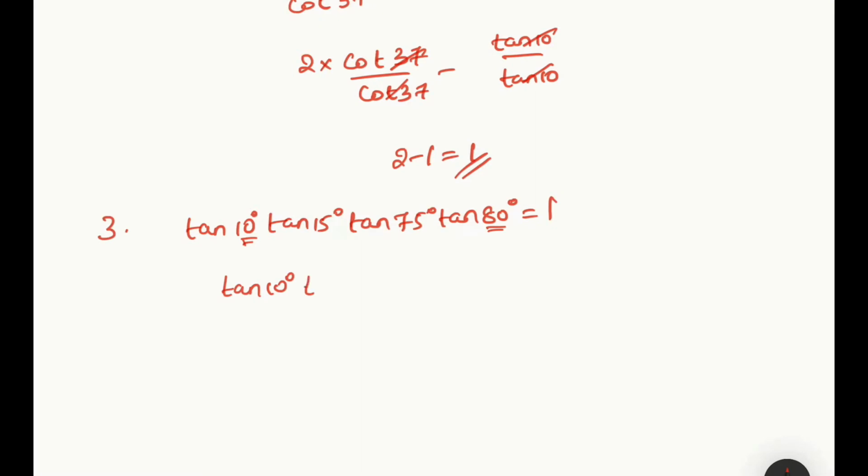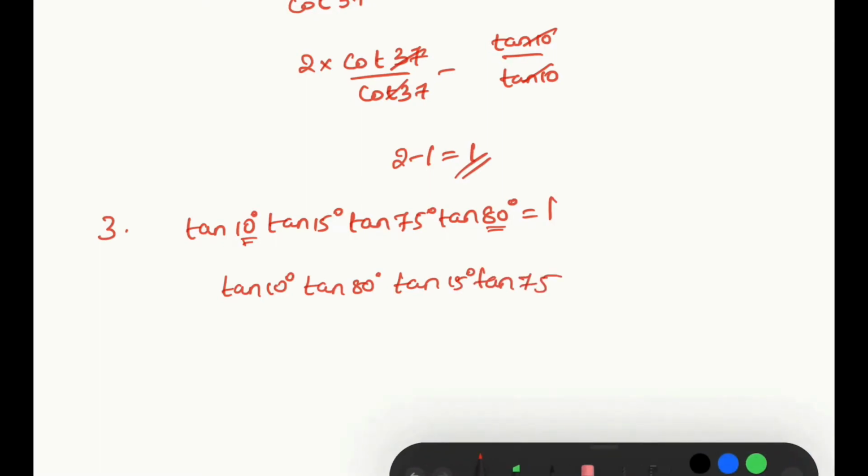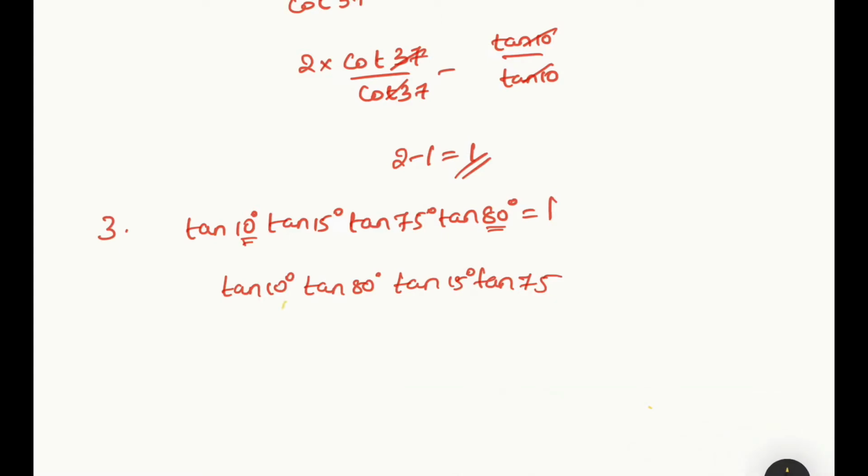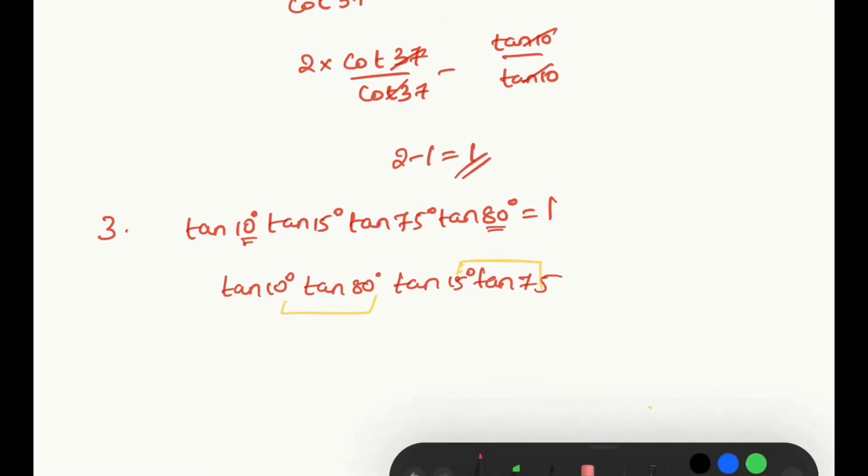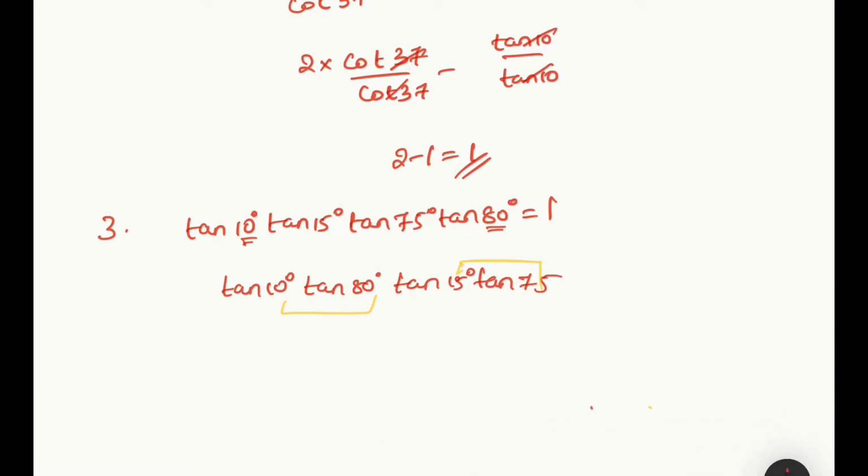tan 10 degree, tan 80 degree, tan 15 degree, tan 75 degree. So you can see here, 10 and 80 are complementary, 15 and 75 are complementary, right? So how much do you get here? I can write this as tan(90 minus 80) into tan 80.